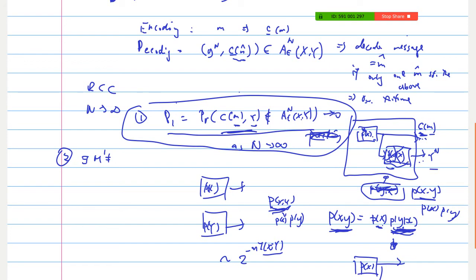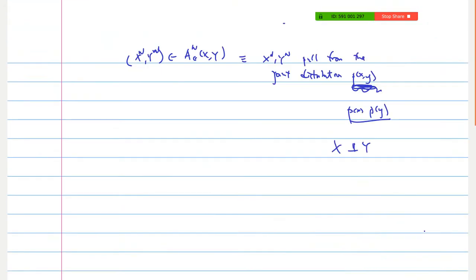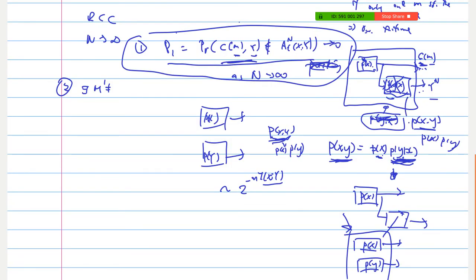But if this p(y given x) turns out to be just equal to p(y) for some p(y), then essentially this is actually independent, right?